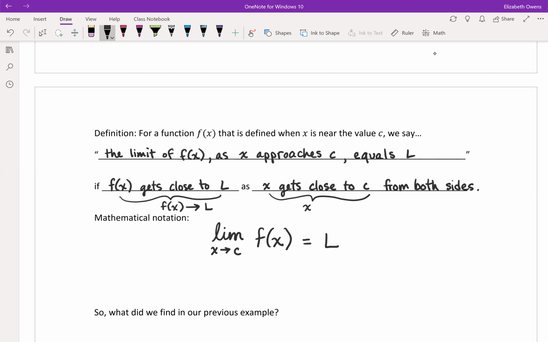That's the little x arrow towards c part. x is going towards c, f of x is going towards L on our function.